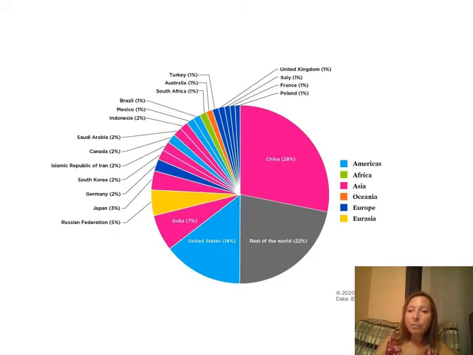India about 7%, another major country in terms of its population. And then this is where the rest of the world is, right? So this is where we see Russia with its 5%, Japan 3%, Germany 2%, and so on.